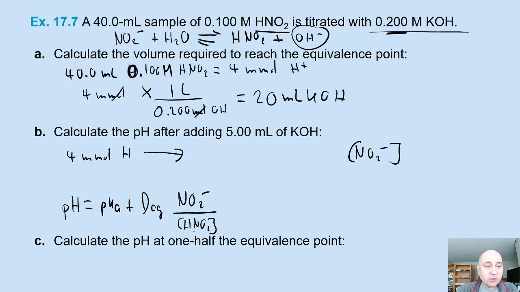and that is the HNO2. So we need to calculate the number of moles of base added, and so 5 milliliters times 0.200 M will give me the number of millimoles, and that is 1 millimole.